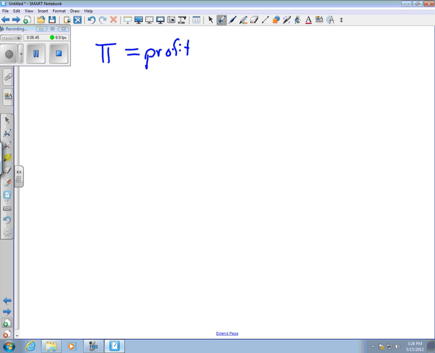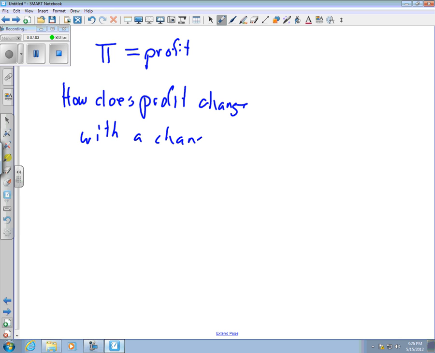And so we might have a question about, say, how does profit change? Something of interest. With, for example, a change in quantity actually sold. So the volume of sales, not the revenue of sales, it's the volume of sales.